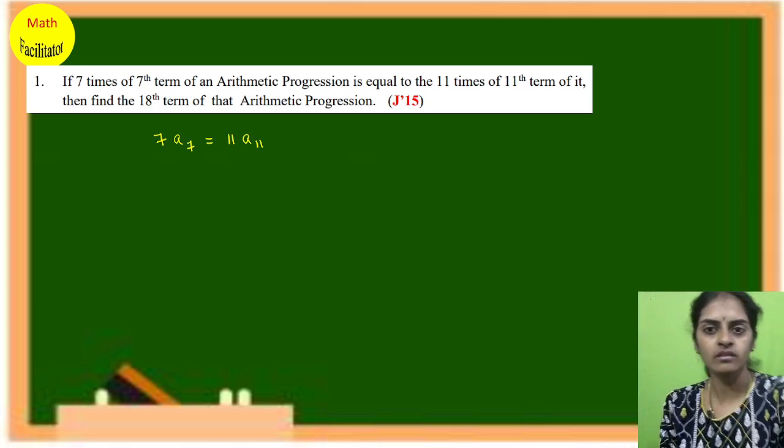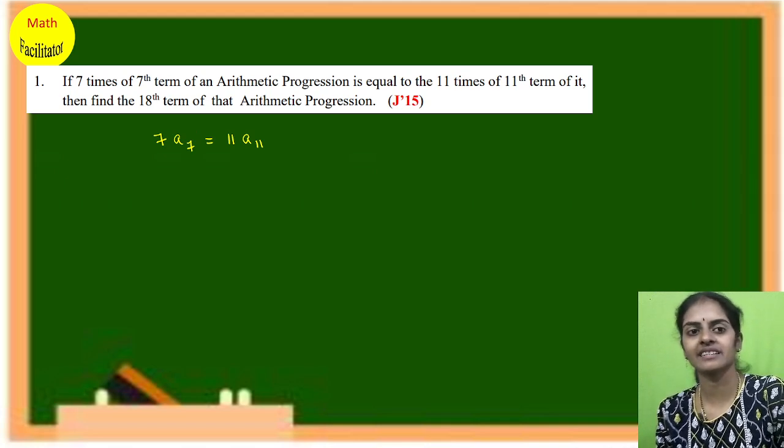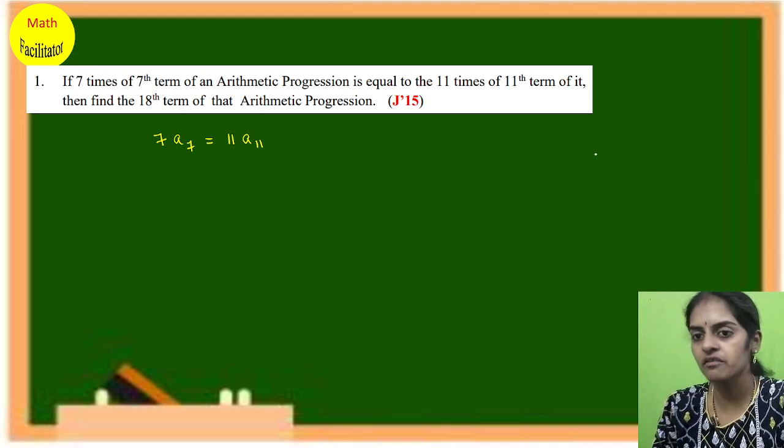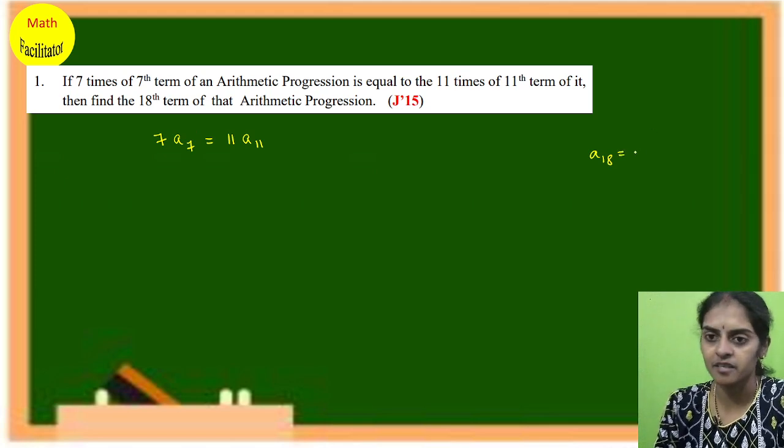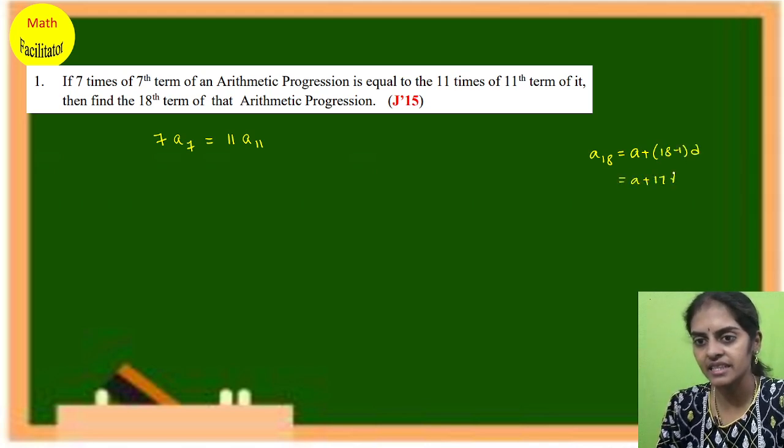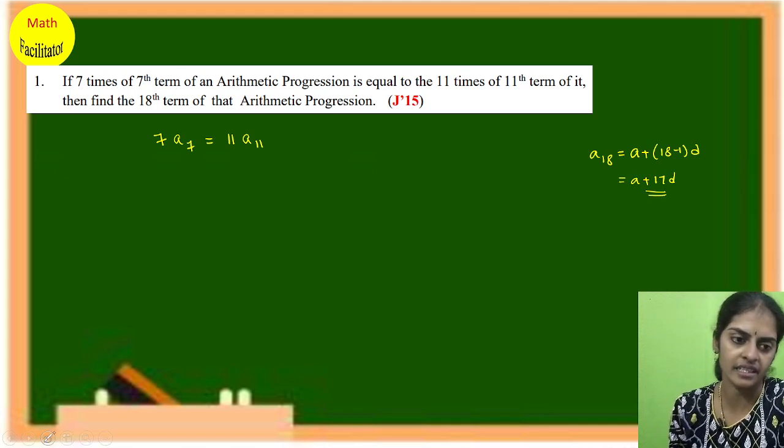You need to find the 18th term. What is the meaning of the 18th term? A18 is nothing but a plus 18 minus 1 into d, which is a plus 17d. This value I need. Let's see how we can get it.